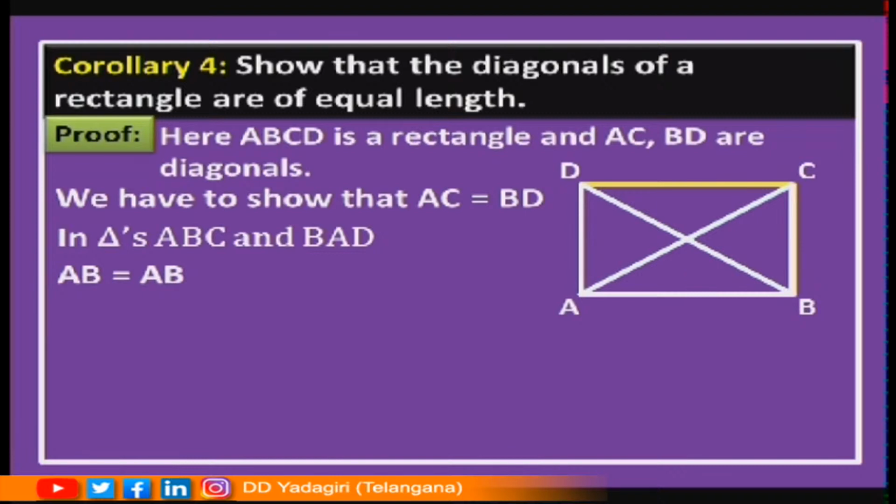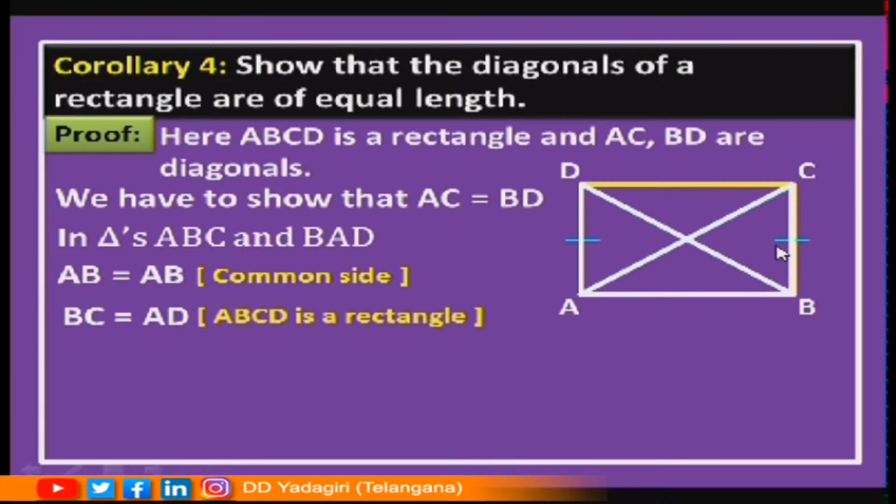In triangle ABC we have side AB, and in triangle BAD we again have AB. So, in both the triangles AB is the common side. So, AB equal to AB, that is the common side, and I can write BC equal to AD also. Why are these two equal? Because in a rectangle the opposite sides are equal. Then anything else, children?